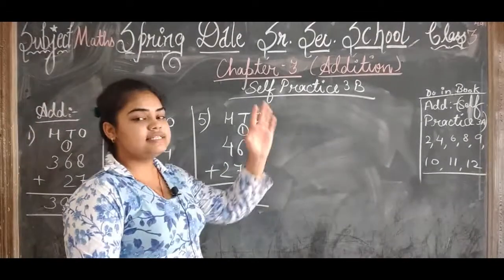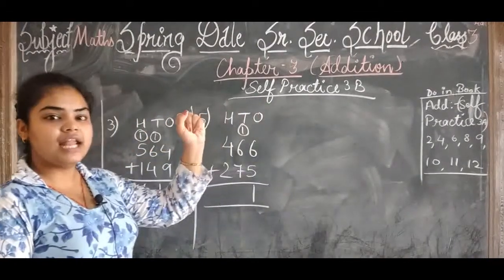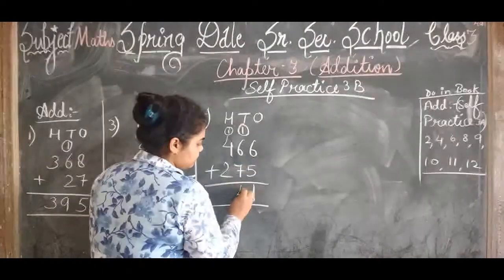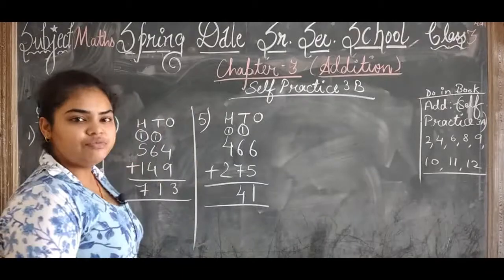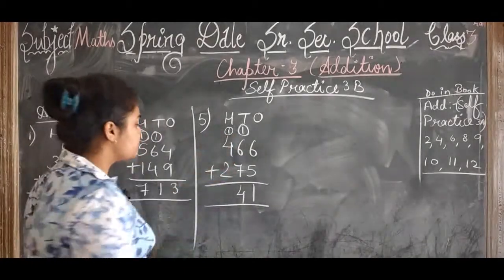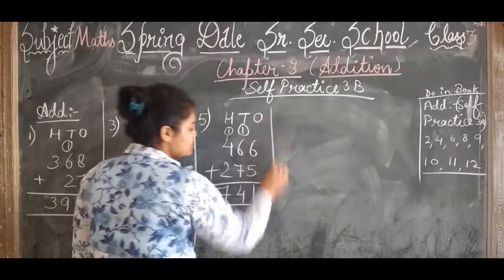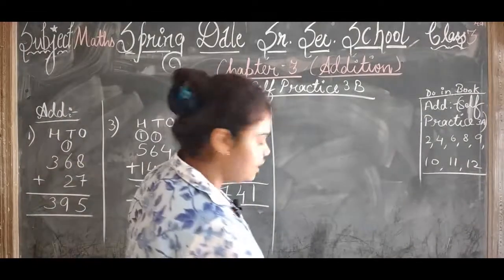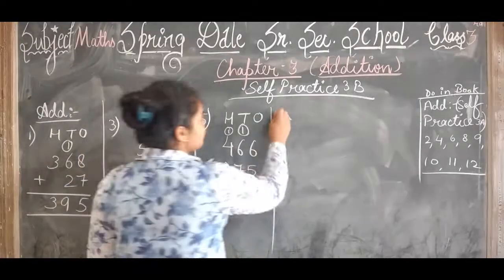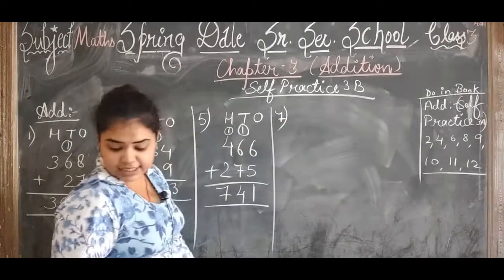After 6, 7, 8, 9, 10, 11, 12 and 13. Plus 1, 14. 4 in your mind, 2 in your fingers. After 4, 5, 6. Plus 1, 7. The number we get is 741.